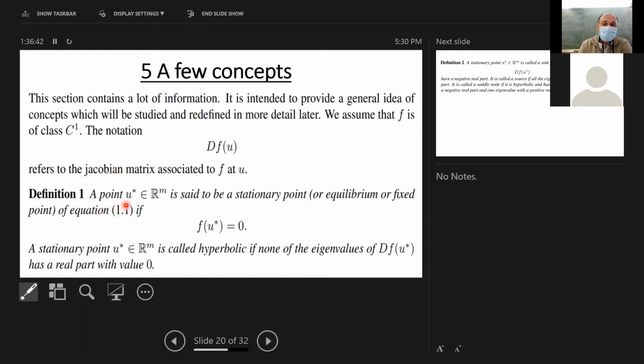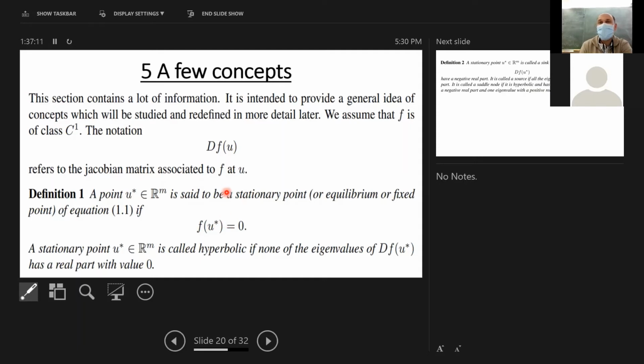We already saw that in the examples, but we can define it. A point U star in R^m is said to be a stationary point, or equilibrium, or fixed point, or steady state of my differential equation u_t equals f of u if f of U star equals 0.